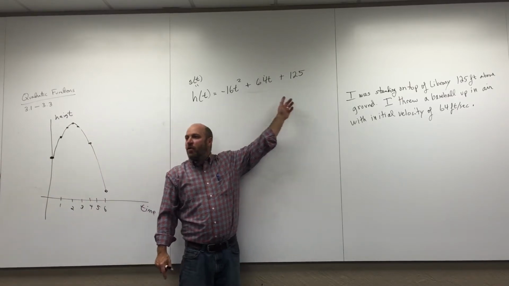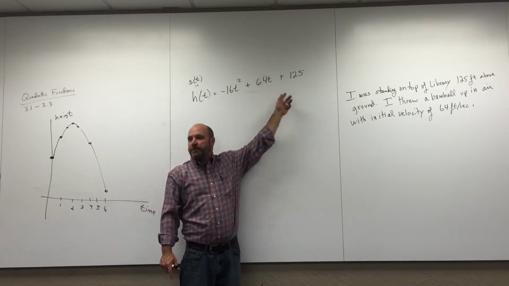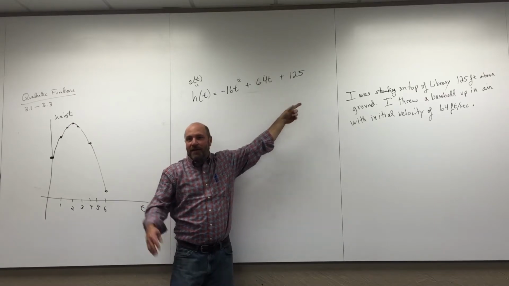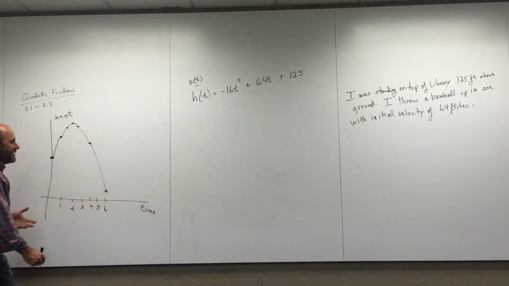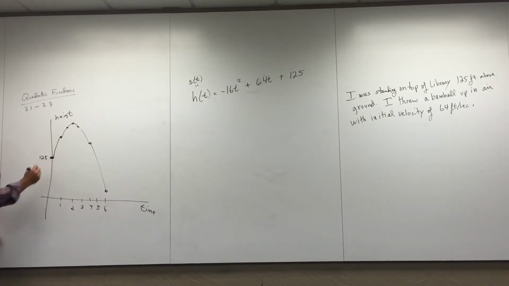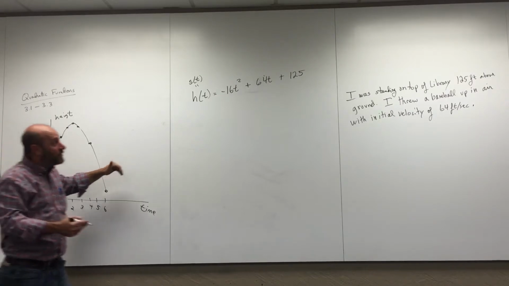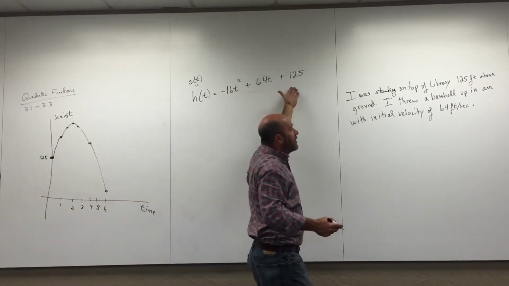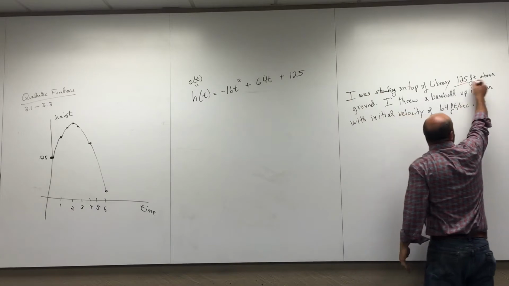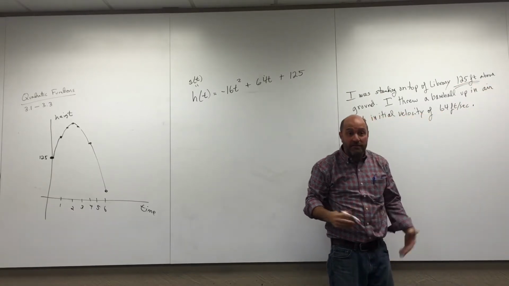If this is a parabola, what's its y-intercept? 125. Does that make sense? I'm standing on top of the library, 125. That's where this problem starts. And then I threw the ball up in the air. You follow me? So the y-intercept of 125 is that initial height, the starting height.